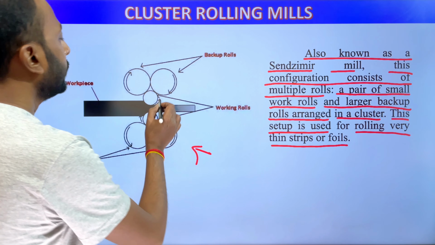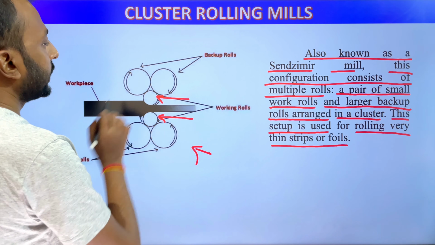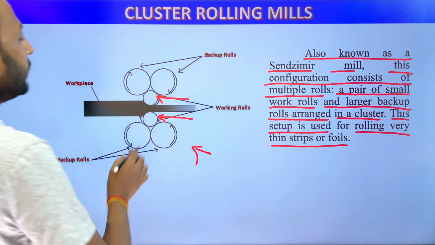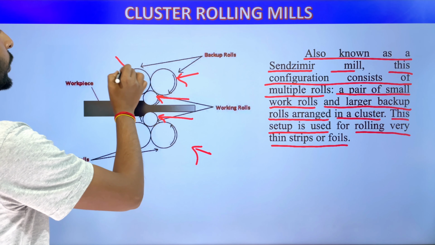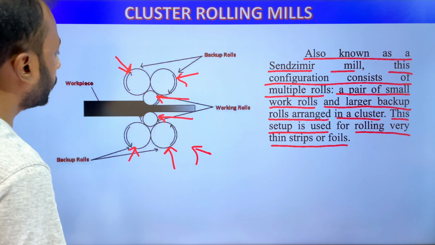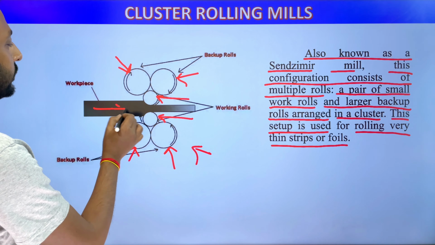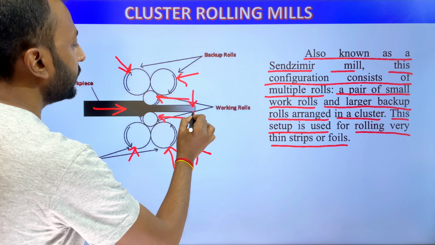Here 2 rolls are working rollers. These are smaller in size, and 2 pairs of backup rolls are used. Here 4 backup rolls, or 2 pairs of backup rolls, are used. Here the metal billet is fed and the thickness is reduced.